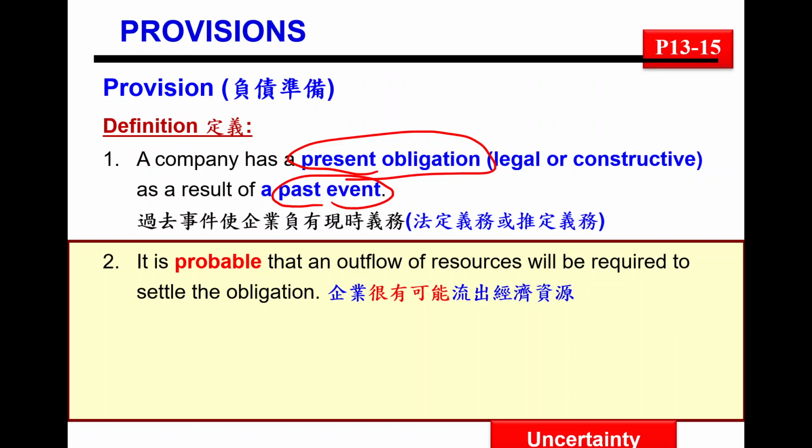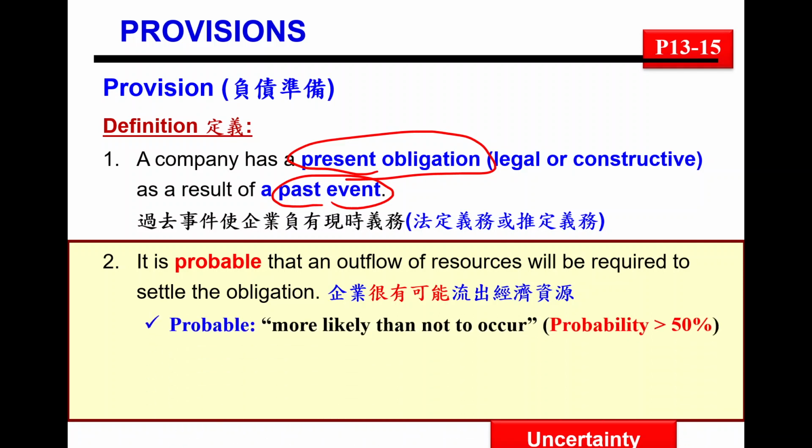So our requirement is, even though you're not sure, the possibility should be probable. What does probable mean? Higher than 50%. If you find out that in the future it maybe will not happen, the possibility is pretty low, do we need to report the situation to investors? We don't need to.